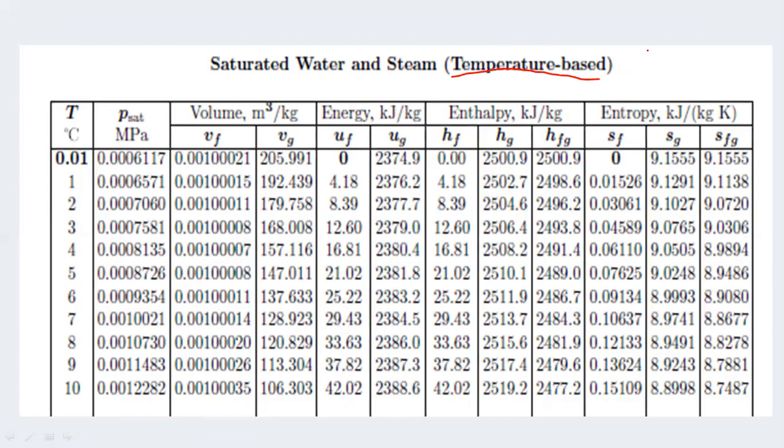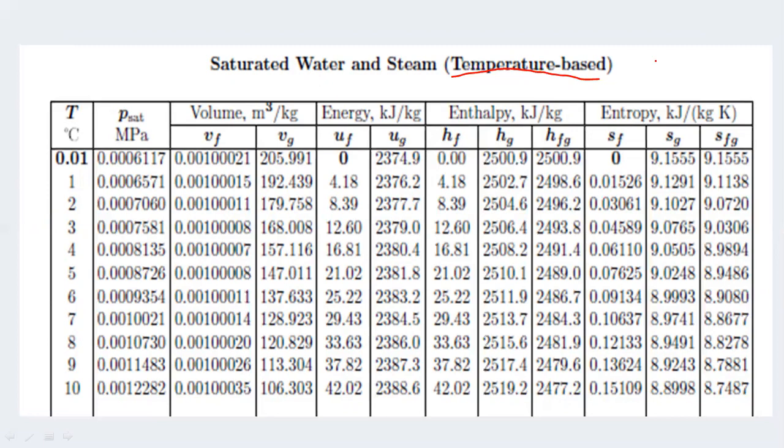So depending upon the conditions given in the problem, you have to refer whether to a temperature based table of the properties of saturated water and steam, or if the problem says that you have to refer to the properties based upon the pressure, then you need to go for the table where the properties are written based on pressure basis.